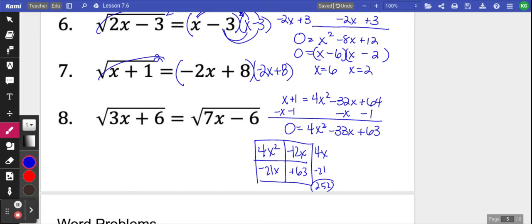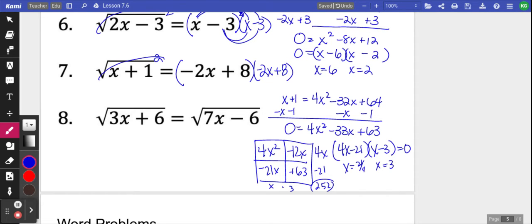And this one has nothing, and 12 and 63 is 3. So I have 4x minus 21 and x minus 3. And what makes this binomial 0 is 21/4, and what makes this one 0 is positive 3.